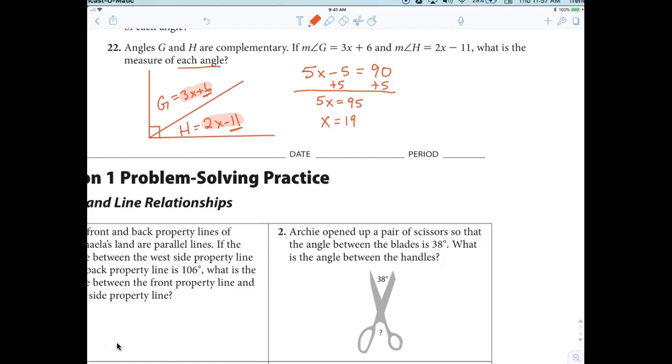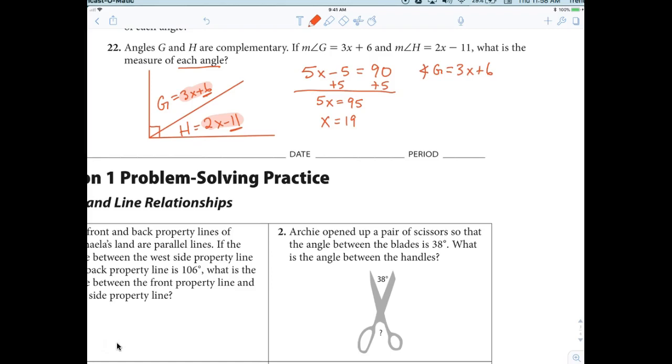So now, look right up here. Write this on your paper. This is the symbol. Angle G is equal to 3x plus 6. So how do I figure out what G is? What do I do? Add 19 to 3. 3 times. 3 times 19. Does that make sense, right?